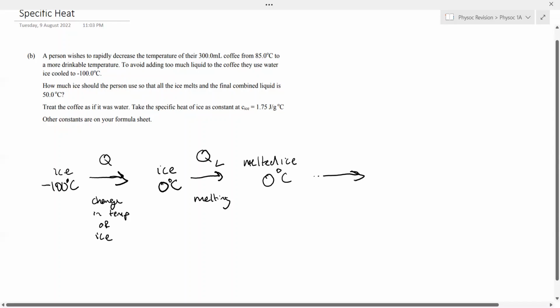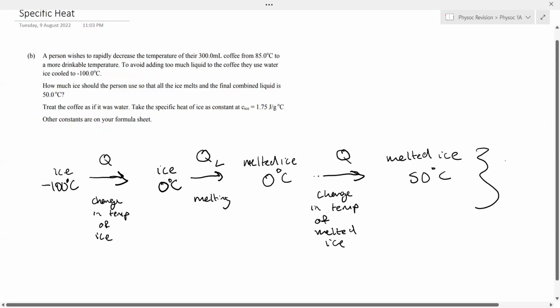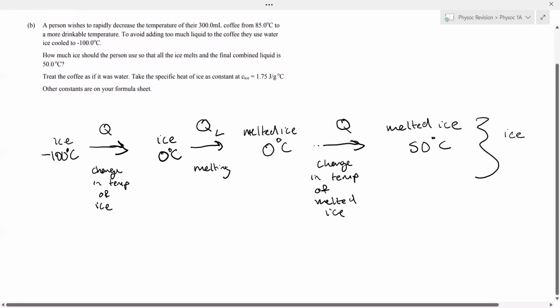And then eventually we're also going to want this third change where we have our melted ice at that final 50 degrees Celsius due to change in temperature of melted ice. And this is all still the same material. So this is the total change for ice.